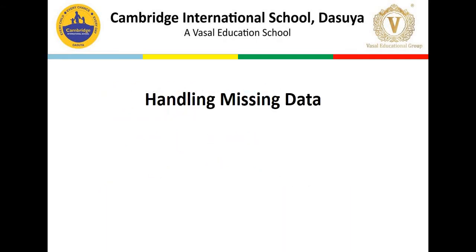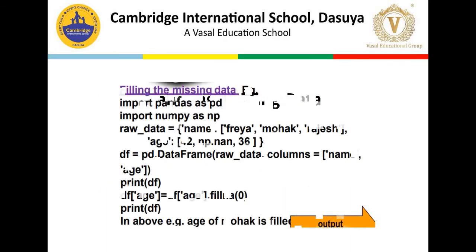Then we covered how to handle the missing values. So students, in missing values, like you see here, we have the age of the first student, but we don't have the age of the second one, and we have the age of the third one. So let's say we want to fill this not available value with the zero value.